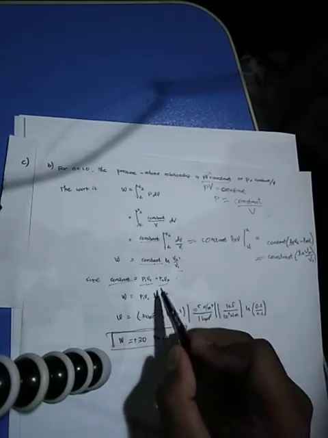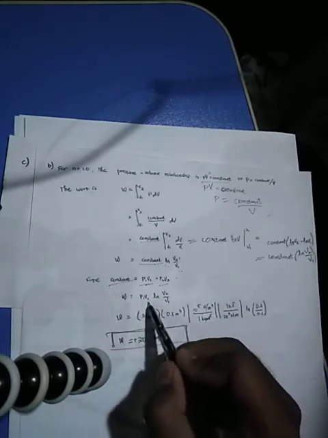Okay? So ibig sabihin constant lahat. Kahit anong case, it's either case 1 or case 2. Since ang given naman is yung sa case 1, yung sa position number 1, so that's why ang gagamitin natin na value for constant is si P1 V1. So kaya ang sinubstitute natin dito is P1 V1 para no more hassle.